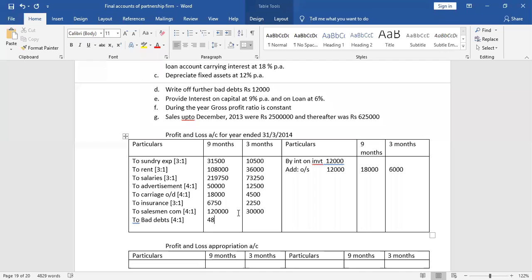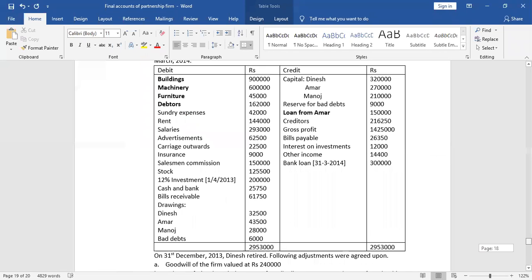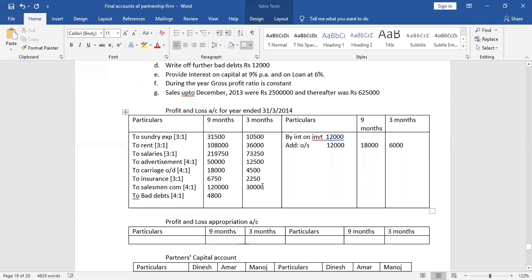Bad debts is 6,000. So when we divide it, how much do we get? We will get 4,800 and 1,200. This is done.